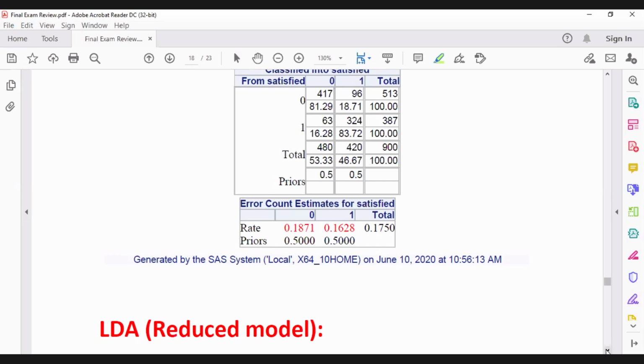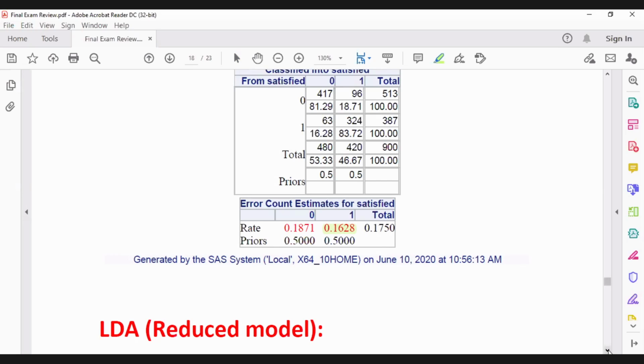This linear discriminant analysis model is appropriate for classification of y equal to 1, because the error rate associated with y equal to 1, 0.1628, is less than the error rate from y equal to 0, which is 0.1871. So this model is suitable to classify y equal to 1, not y equal to 0.